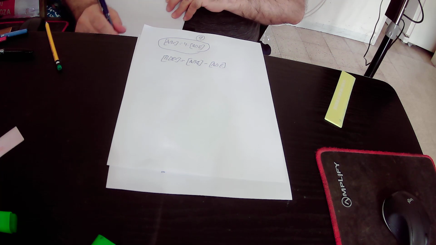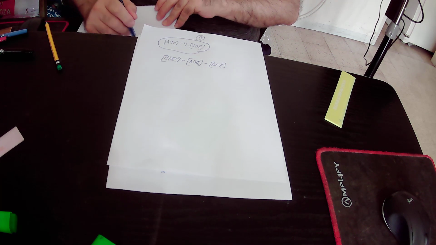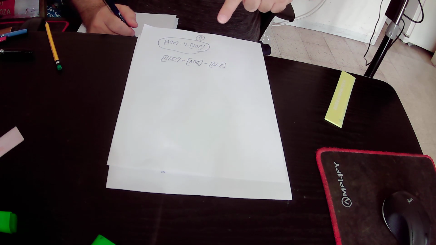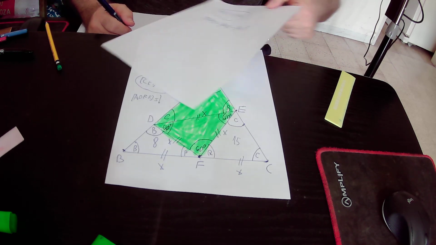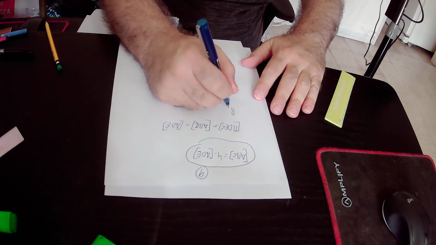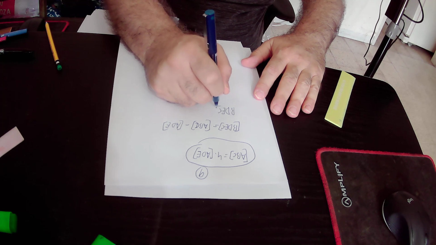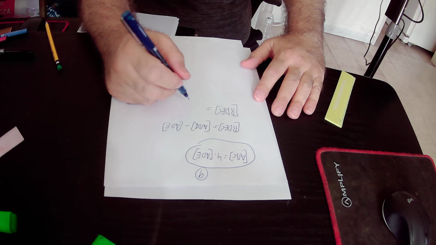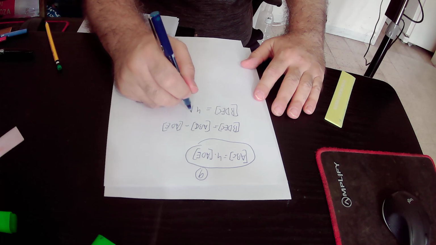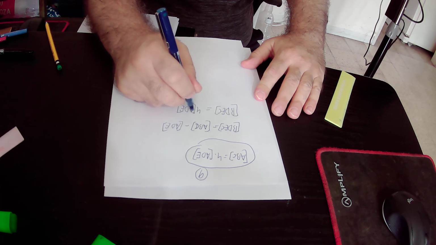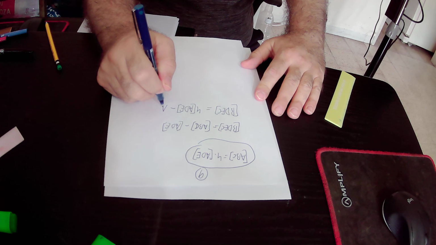But we have already found out that the area of triangle ABC equals 4 times the area of triangle ADE, so we can substitute the area of triangle ABC by 4 times the area of triangle ADE. Okay, we get that the area of quadrilateral BDEC equals 4 times the area of triangle ADE minus the area of triangle ADE.